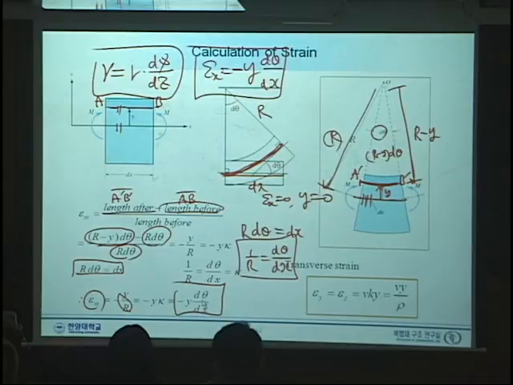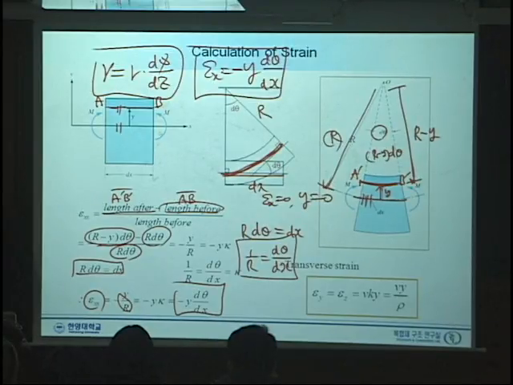Later on, we will be able to obtain this theta as a function of the external moment, material property, and cross-sectional property. So this is all about the deformation observation and strains.